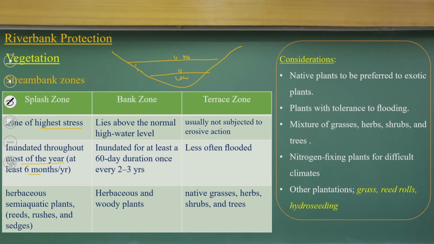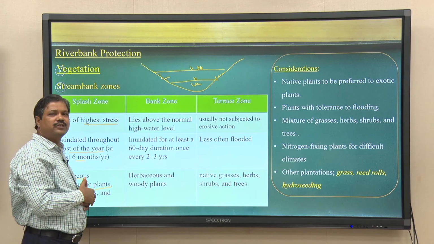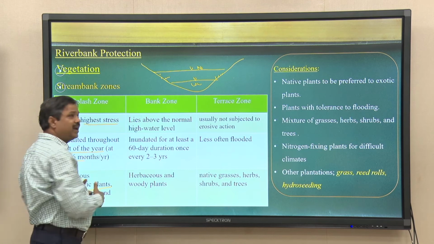This part is the splash zone, where you can have water throughout the year. In that case you can have semi-aquatic plants, like roses, sage, hibiscus. Often the water will spread there, and there you can put some semi-aquatic plants.